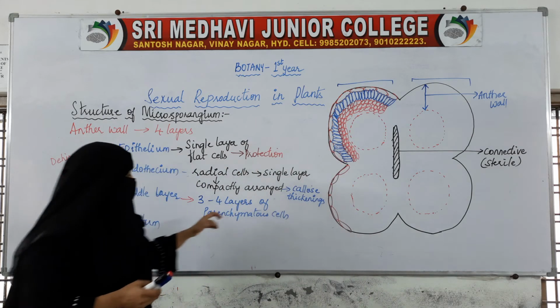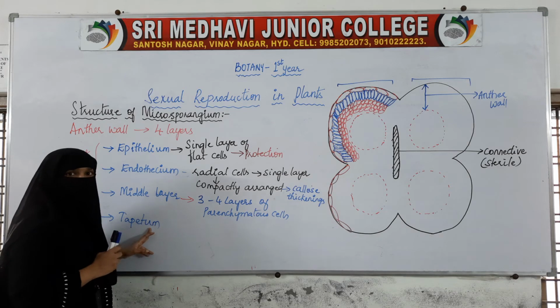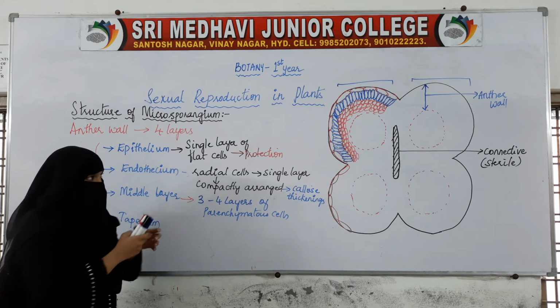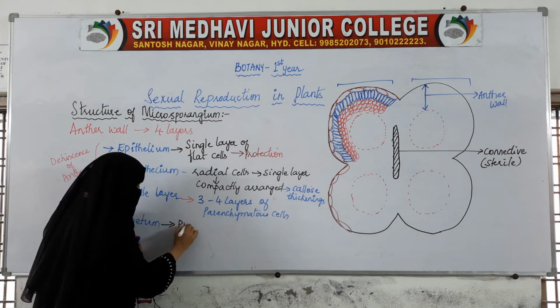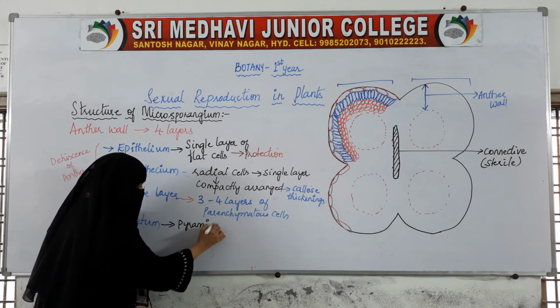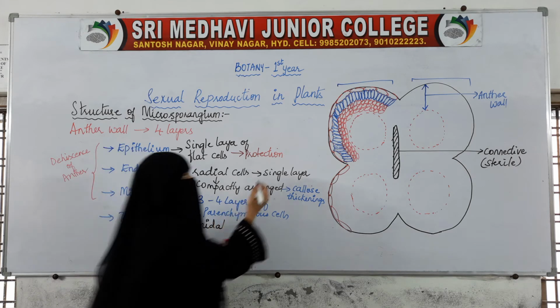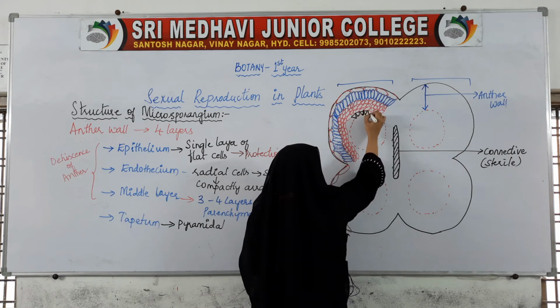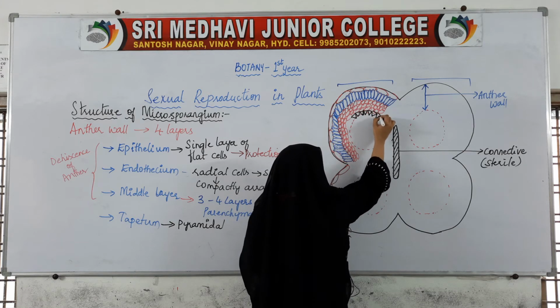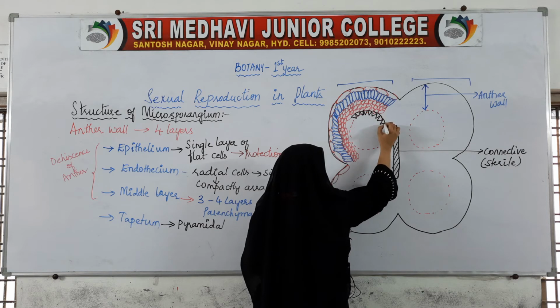Now coming to the fourth layer, which is called the tapetum. In this fourth layer the cells are pyramidal. A single layer of pyramid-like cells will be present.